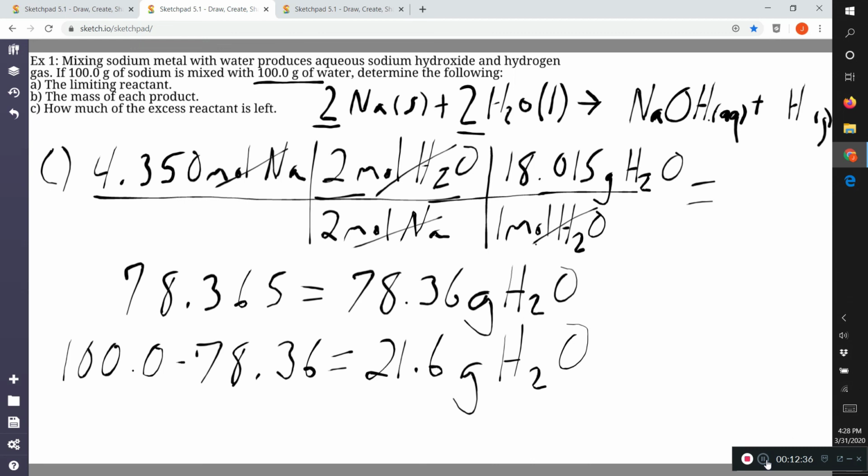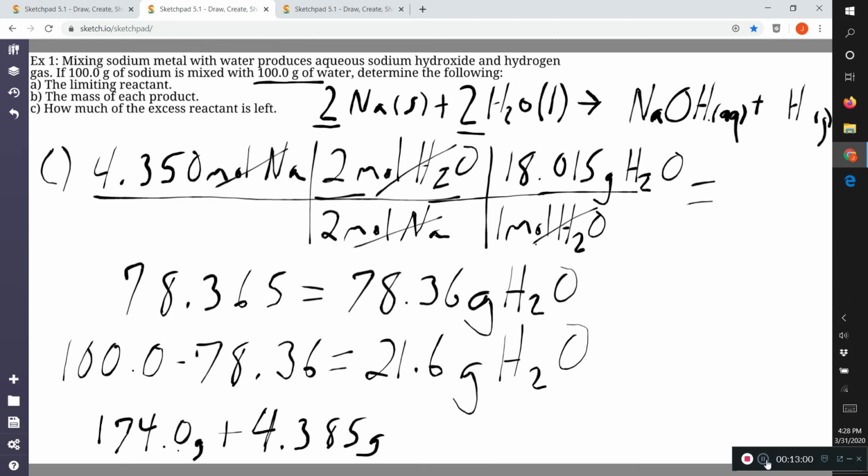But if we look at the numbers we had, the sodium hydroxide was 174.0 grams, and the hydrogen was 4.385 grams. And that's not 200 grams, that's like 178 grams.